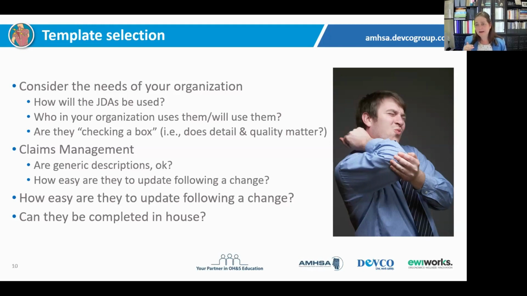So if you're looking at bringing some in because you've never done them before, really consider the needs of your organization. How are these job demand assessments going to be used? Maybe you're an organization that has job demand assessments already, but maybe they're not quite fitting your needs. So a good starting point is to look at what you do have and finding those gaps.